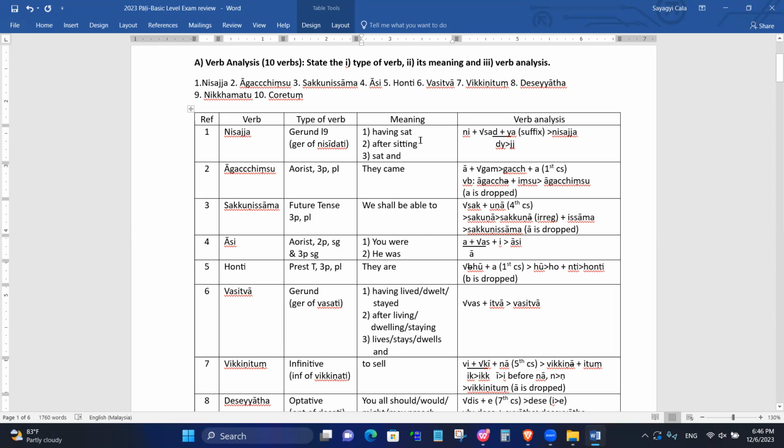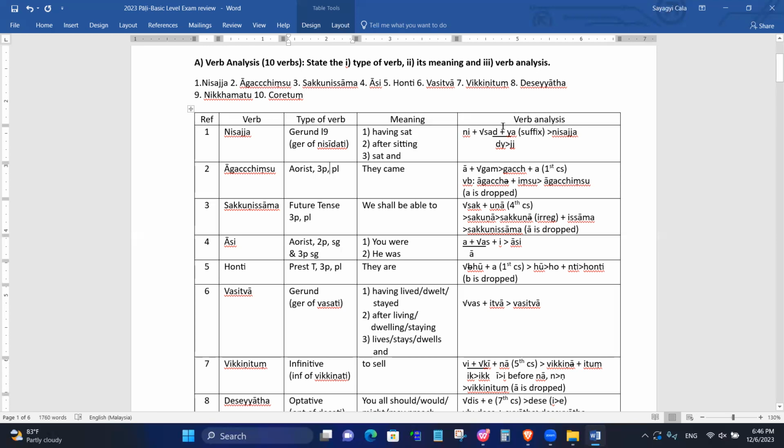That means that you know the answer. If you don't want to show me the analysis, it is also fine. Just ni plus sat plus ya, and then the nisaja. This is to test whether you are good in lesson 9, gerund.